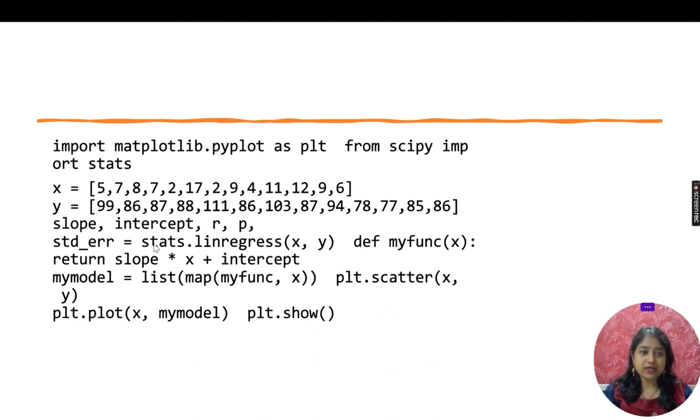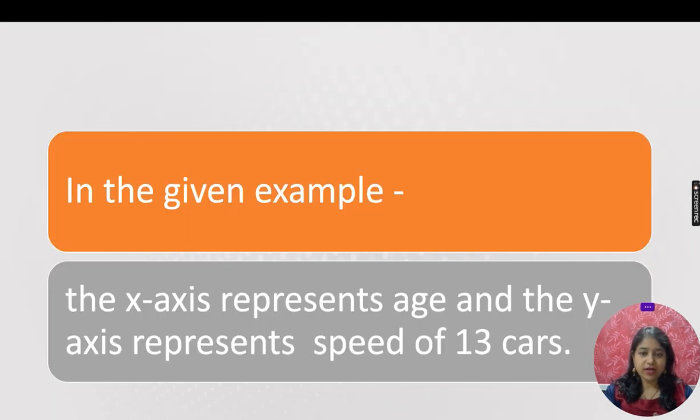Then stats.linregress(x, y). Then def myfunc(x) returns slope times x plus intercept. So we try to find out the linear regression and we try to plot it, and then we show the plot. So this is how we can find out.